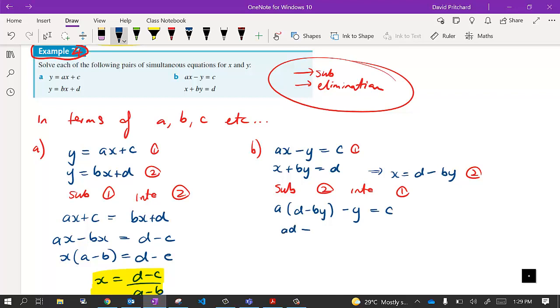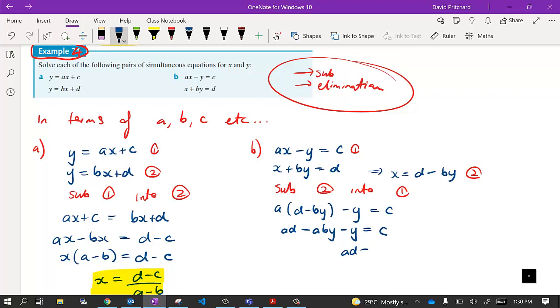So we've got ad take aby take y is equal to c. I want to isolate y, because I'm going to add aby and y, and I'm going to subtract c, but I'll add the y's first.